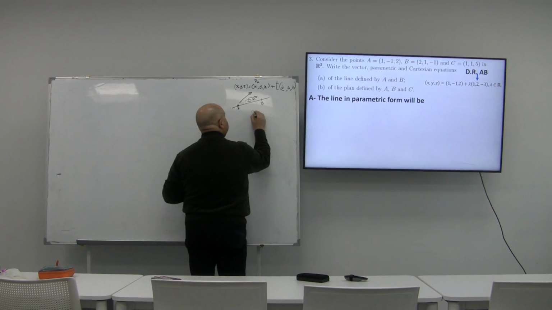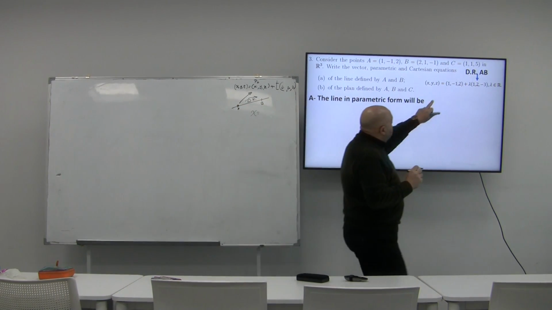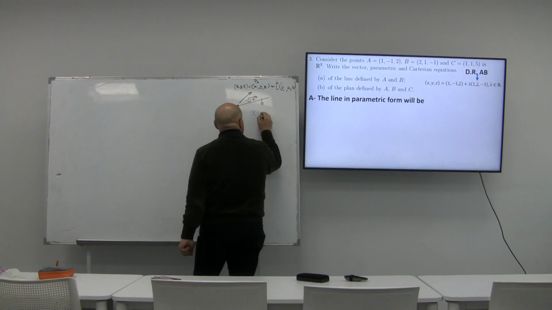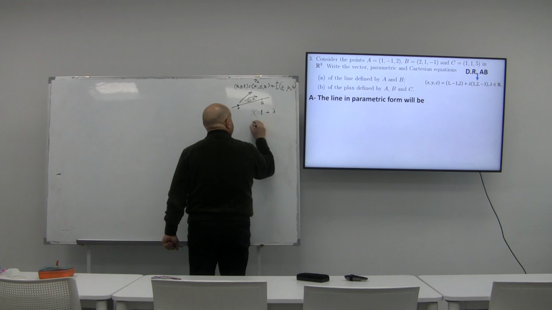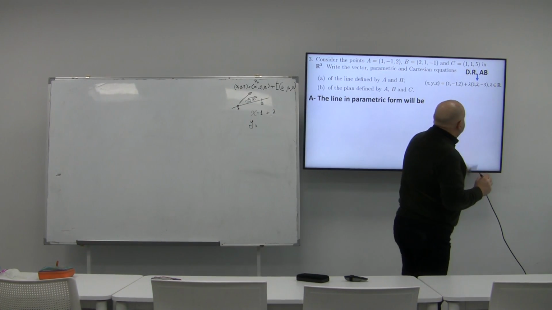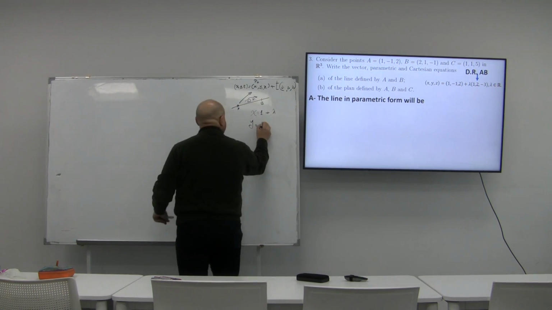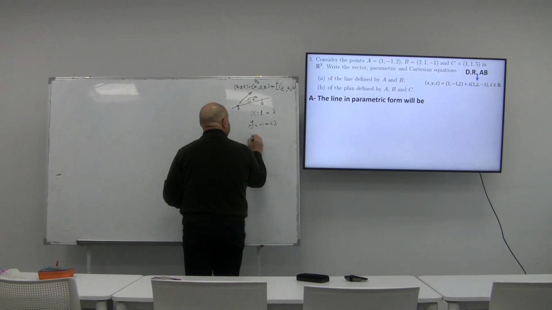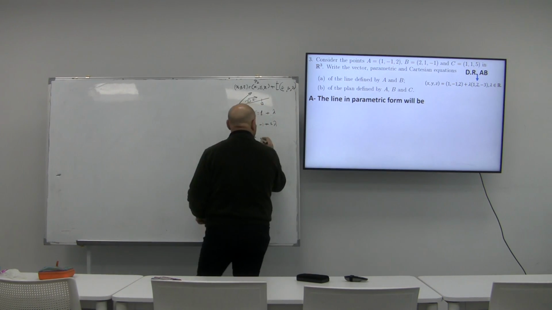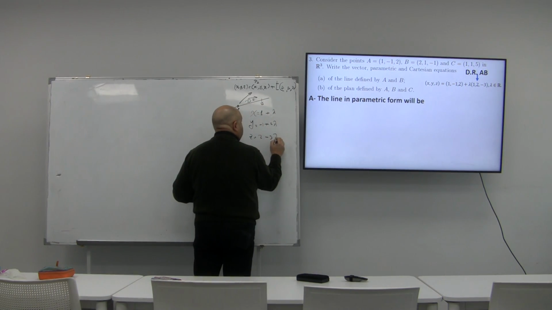The x coordinate simply will be 1 plus 1 times lambda. So it's going to be 1 plus lambda. Y is going to be negative 1 plus 2 lambda. Z is going to be 2 minus 3 lambda. Am I right? Yes. Yes.